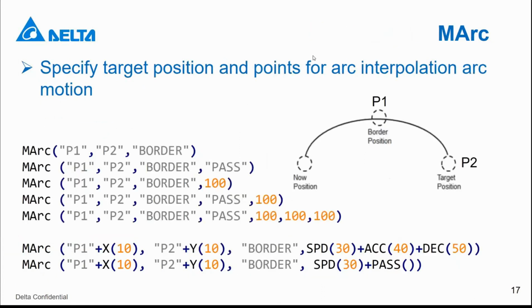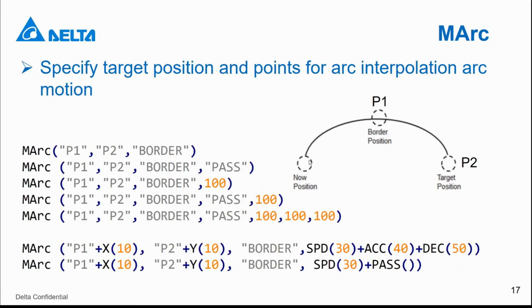And then next is the motion arc. That means doing arc motion in this instruction. So we use the border mass to define our arc. Border mass means we define 3 points on this border.